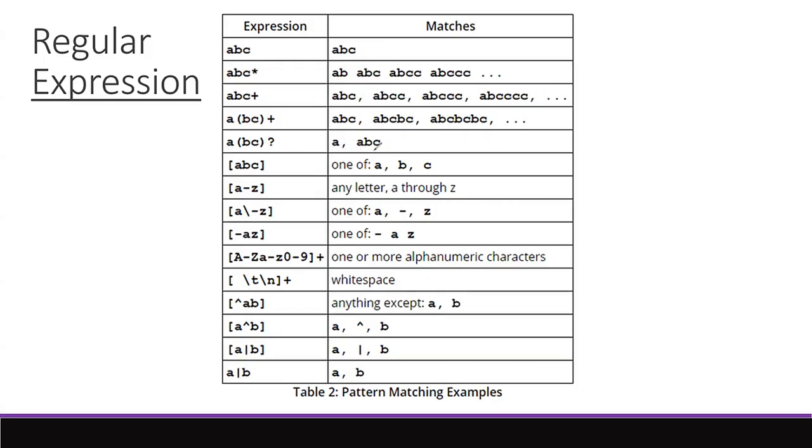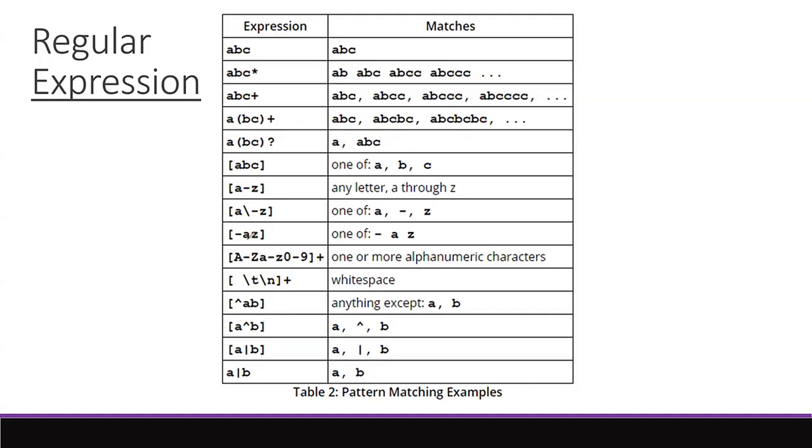This bracket ABC means that one of the ABC, only one of them. Bracket A-G means from A to G, any lowercase letter. A backslash dash G means you have A, dash, and G, 3 letters, one of them.